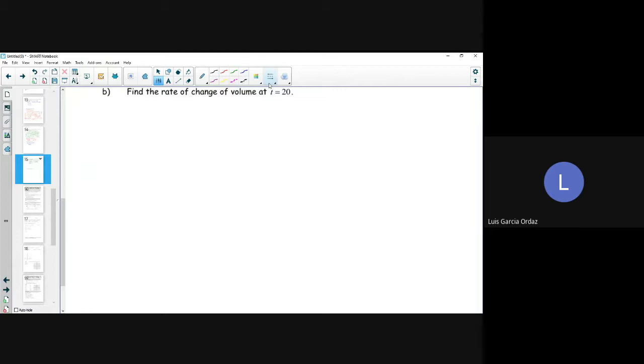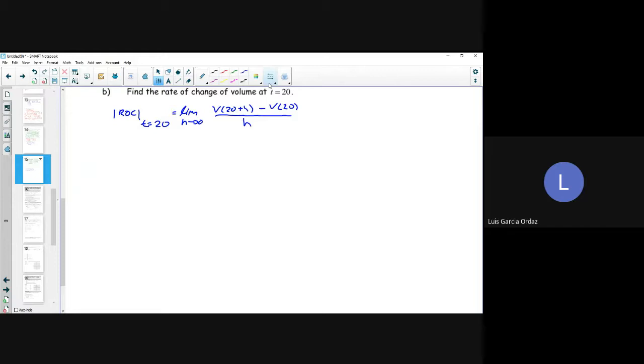So the instantaneous rate of change, where t is equal to 20, means we have to find the limit as h approaches 0 of V of 20 plus h minus V of 20 all over h.